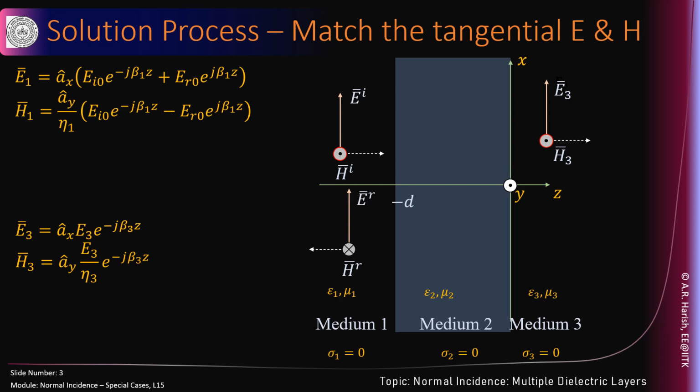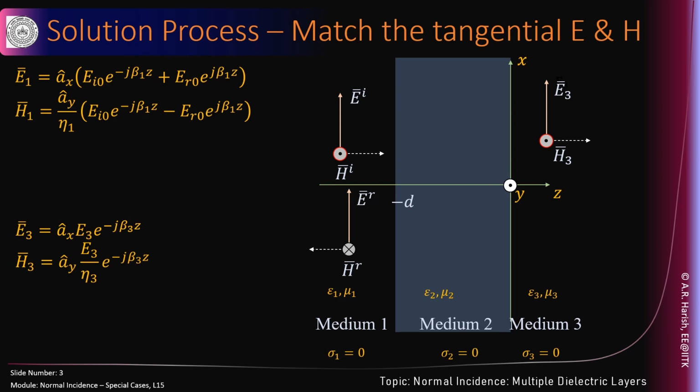This is the art that you develop by the knowledge of science. As you gain experience, you know in which region what to assume so that the solution comes out clean and neat. If you assume something more than what is necessary, we have seen before, all those coefficients will go to 0, unnecessary components will automatically go to 0. If you assume something less, we have also seen that before, the solution becomes absurd.